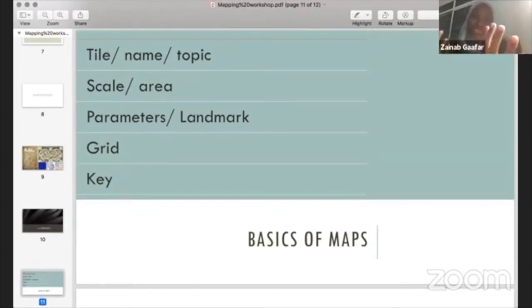Usually you have to let people know what they are looking at. Is it a very tiny thing or a very big thing? And then you need to give them a grid or parameters of the overall context where your map is located.